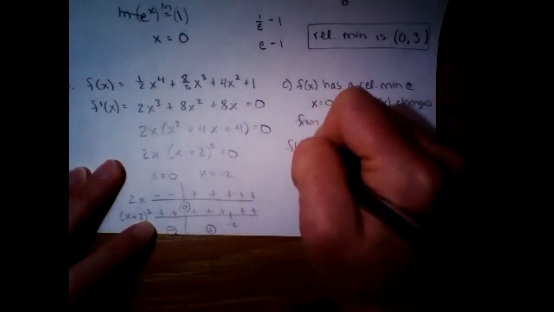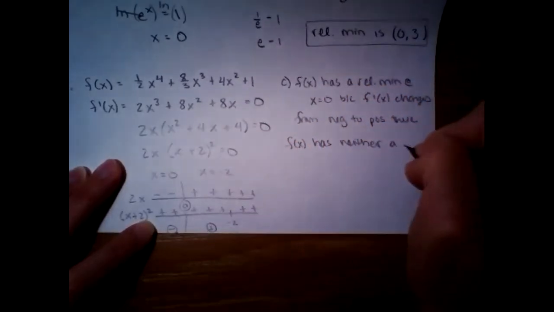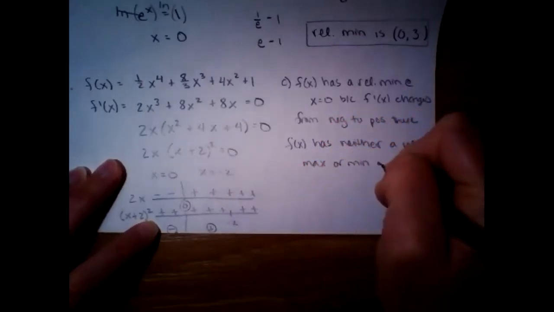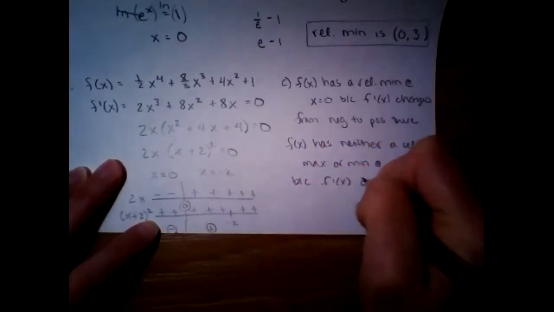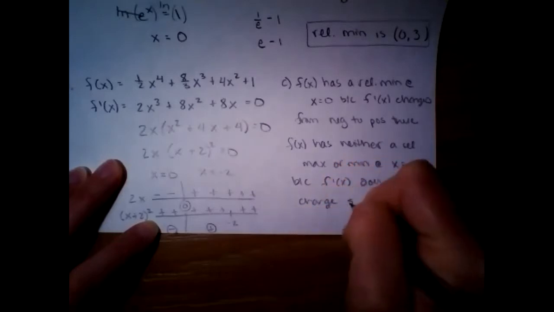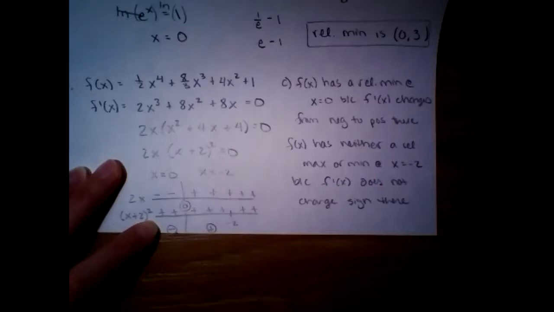So f of x has neither a relative maximum nor minimum at x equals -2 because the derivative does not change sign there.